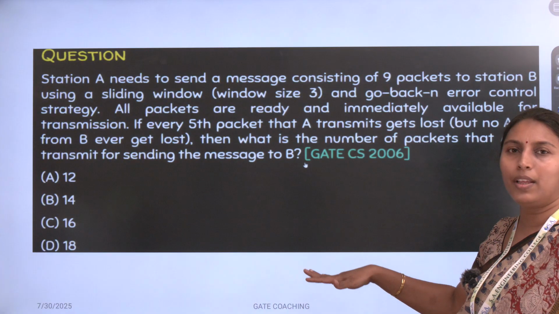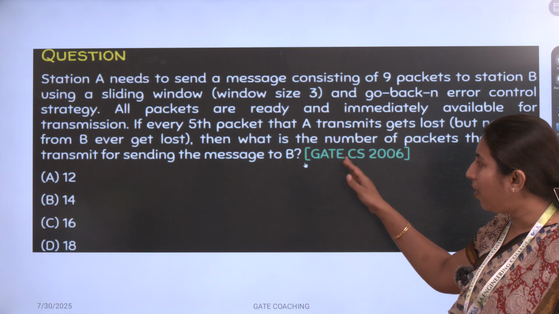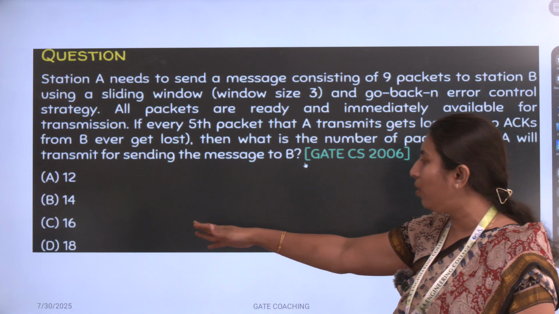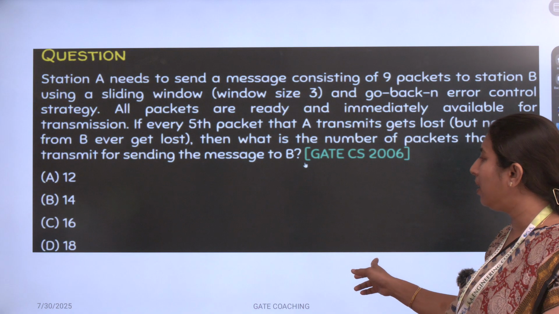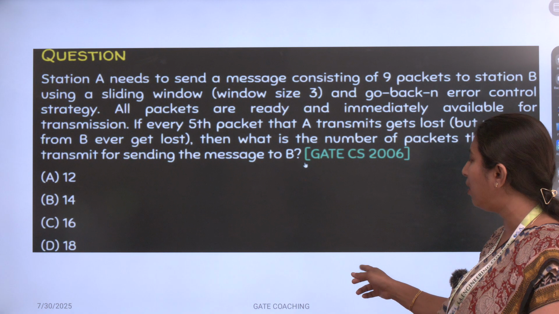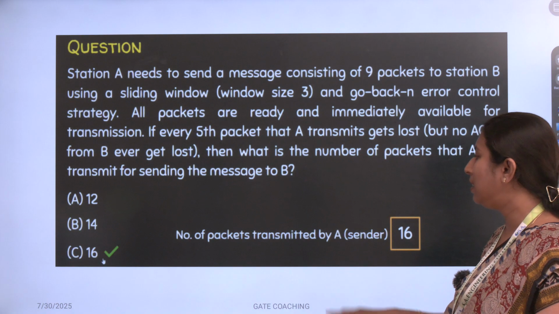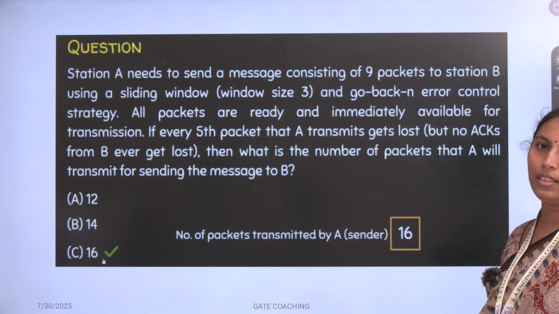We have given the explanation of the discussion we had now. After the discussion we can come to the conclusion that 16 packets have been given from the sender A to the receiver. So the answer for our question is 16. So the number of packets transmitted by A is 16.